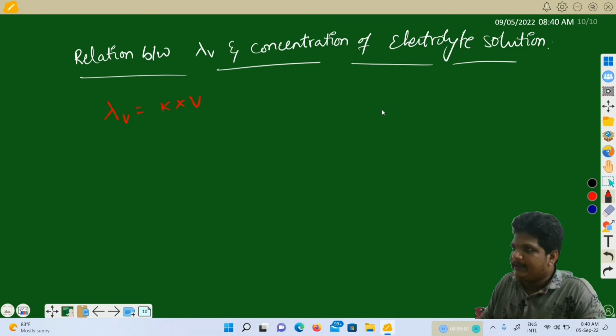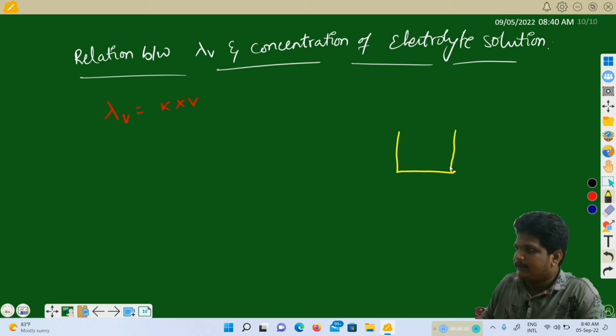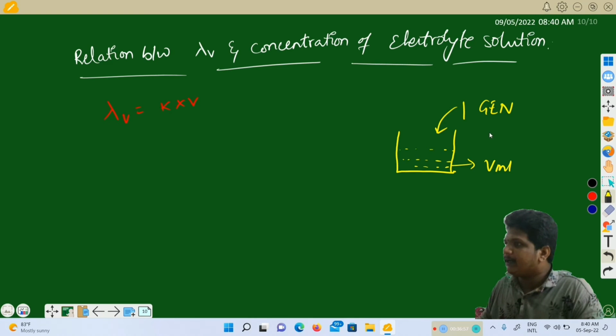Here we have the electrolyte solution of V ml, containing 1 gram equivalent electrolyte.